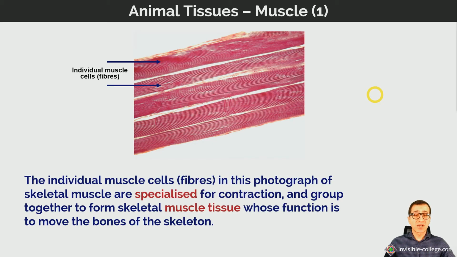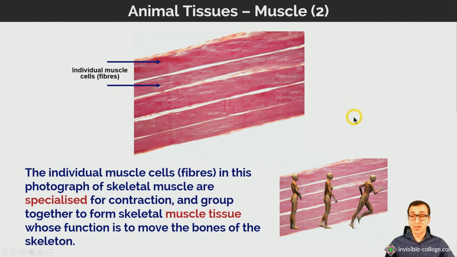So the individual muscle cells here, again, are specialized to perform that function. Their structure contains specific features which allow them to contract and generate forces. And this is important in the function of movement, again, one of the characteristic functions of living things.